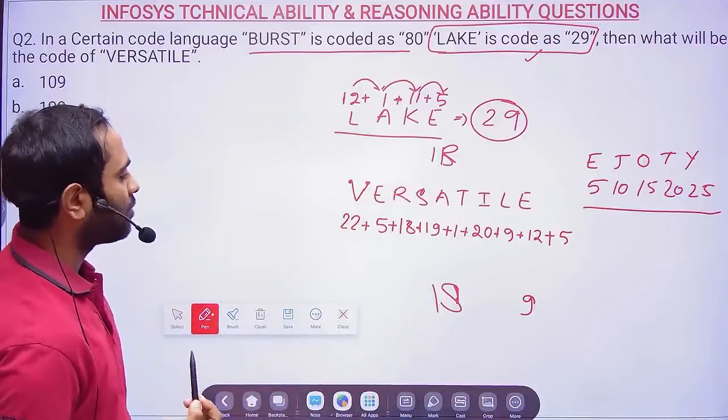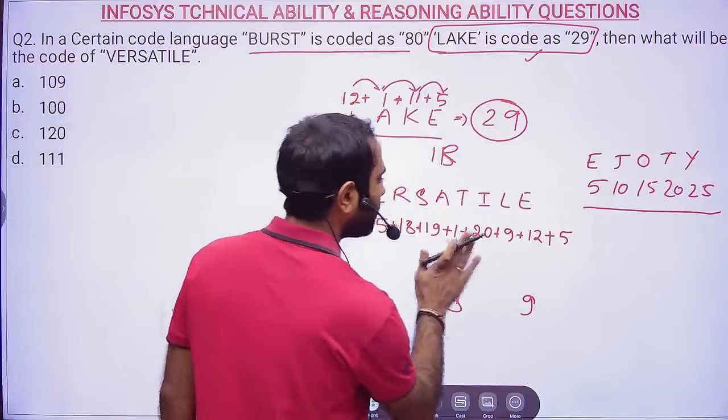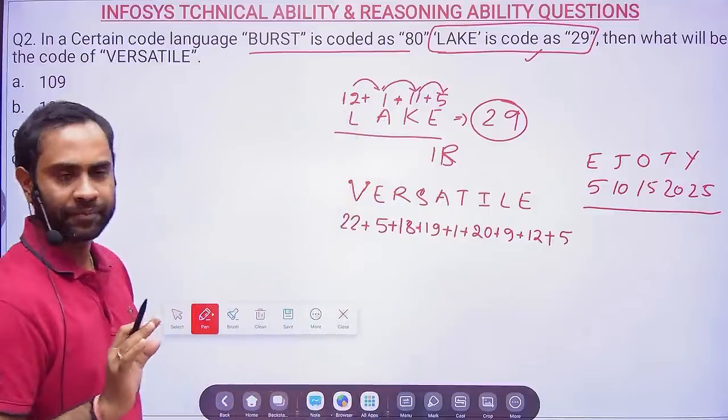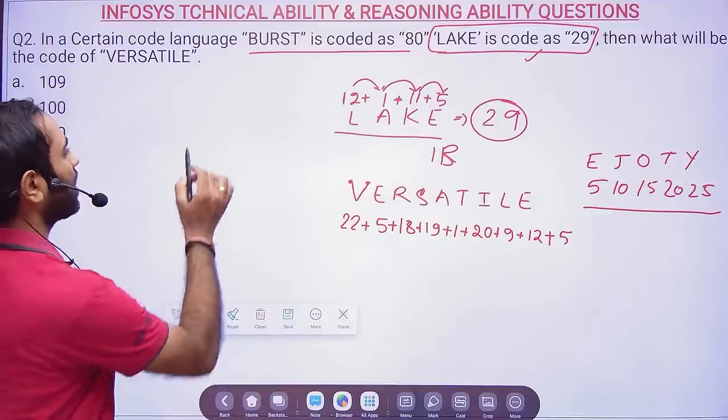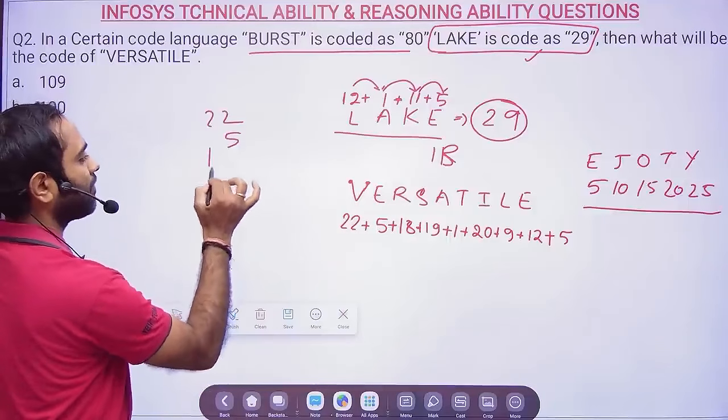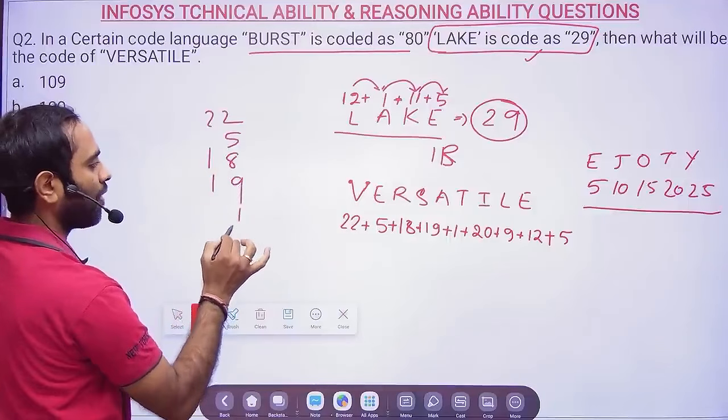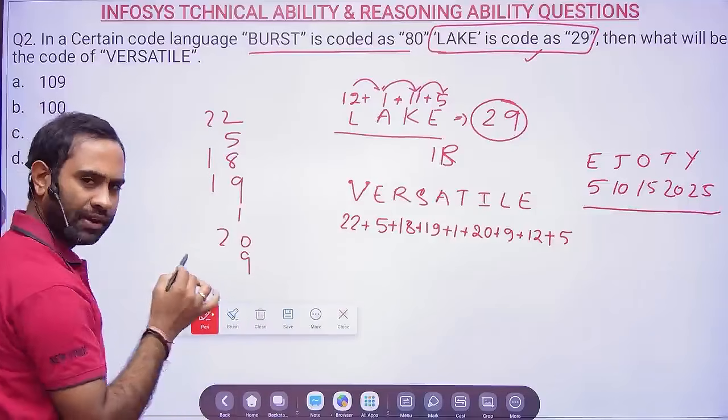Now this is what you have to add. When you are adding, please do the things smartly. Okay, you are not a kid, so you cannot add like this: 22, 5, 18, 19, 1, 20, 9. Will you do this in the exam?